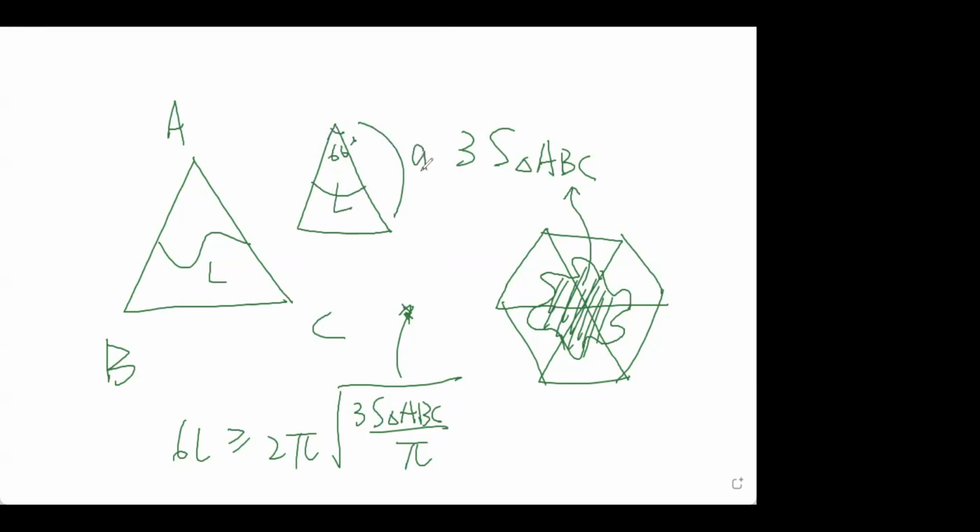Oh wait, we also know A, so this is not hard. We know the area of triangle ABC is just square root 3 over 4 A squared. So substituting, you could get it.